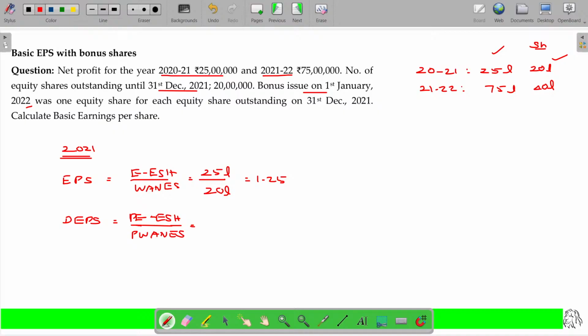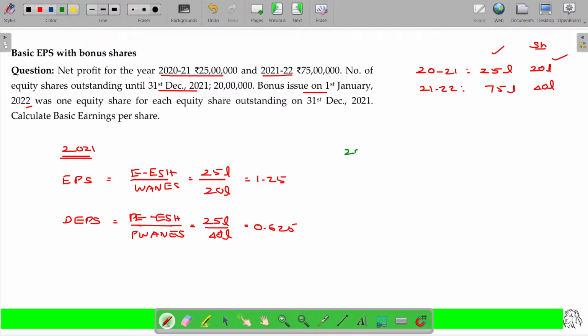It is nothing but converting the free resource to the bonus share. Because no extra capital is invested there, revenue will not change. So in the numerator, the revenue remains the same, 25 lakhs. But in the denominator, after the bonus shares, the number of shares being 40 lakhs. Now your earnings per share 1.25 decreases to 0.625.